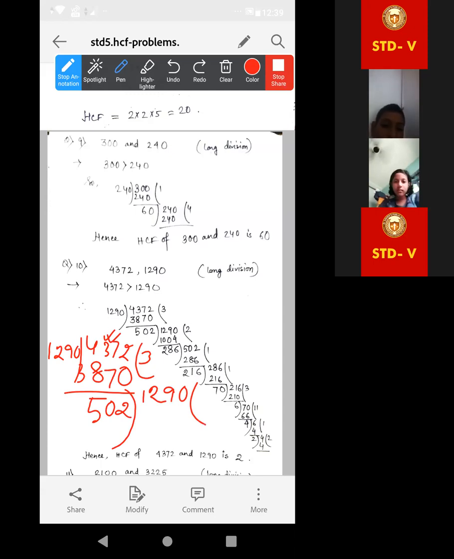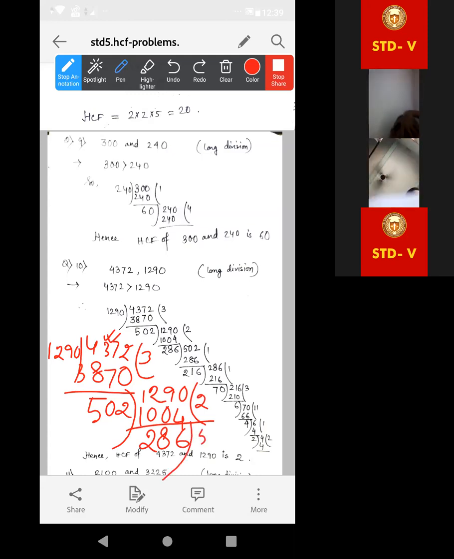Okay, by 2 it will go, 2 twos are 4, 2 zeros are 0, 5 twos are 10. Do the subtraction. It will be 6, it will be 8, it will be 2, 1 minus 1, 0, 286. Now by this 286 we have to divide 502 again.